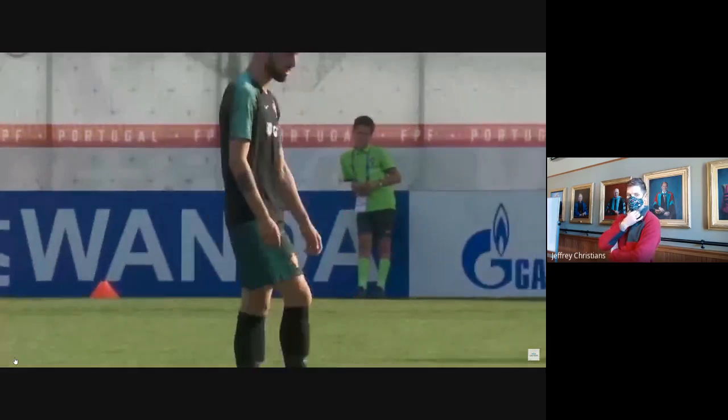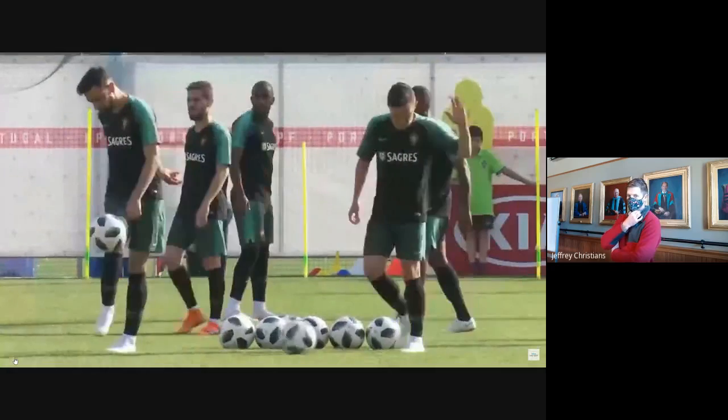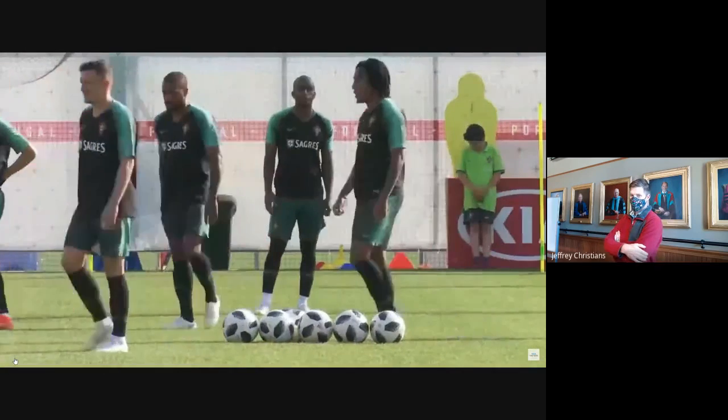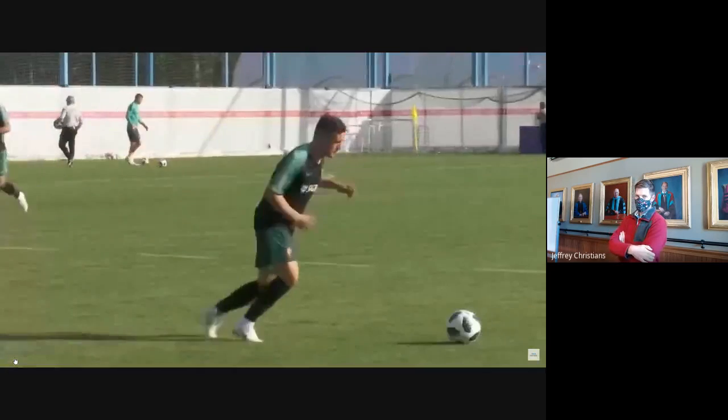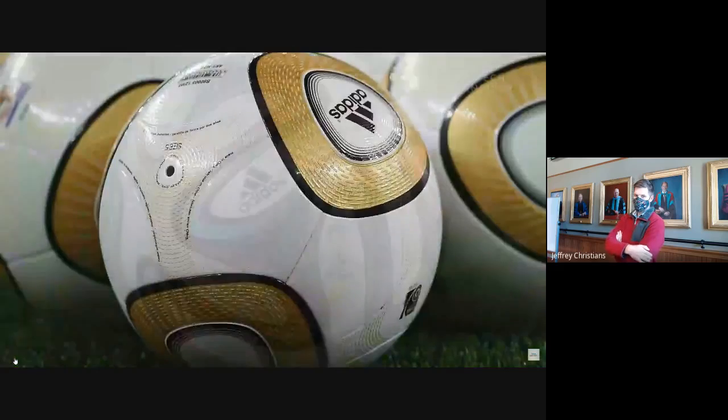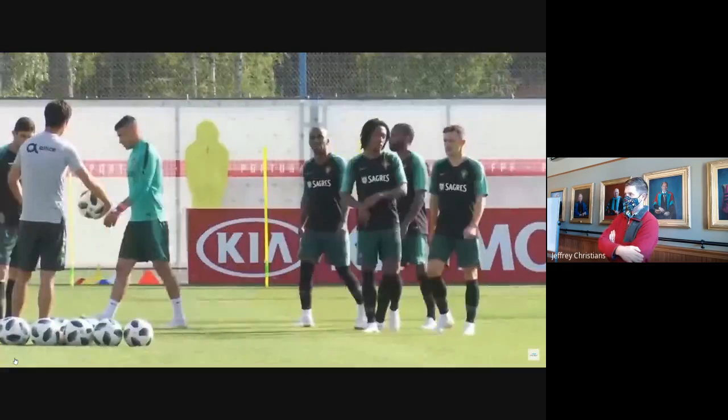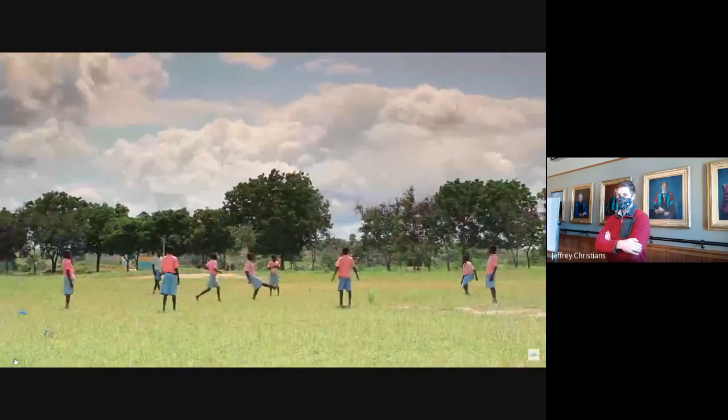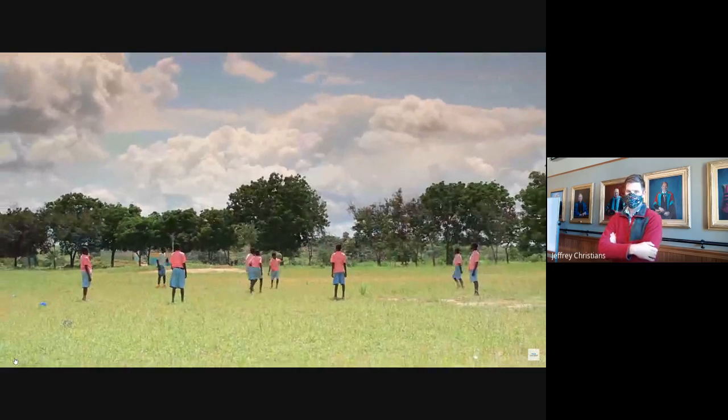Regardless, all this begs the question: the goal is to produce a ball that's similar to what athletes practice with for years, so why does the ball keep changing? Turns out it's not about the players or the game at all. I'm sure you can guess what it's all about.